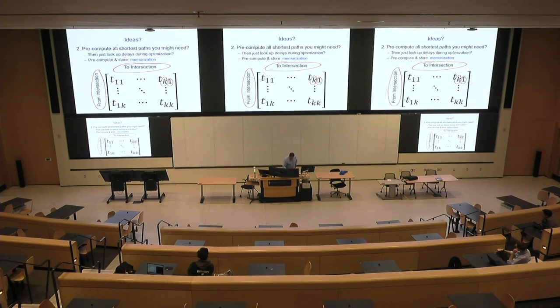If I want the travel time from intersection K to intersection 1, it's down here, and so on. So there's an entry in this matrix for every single travel time. If I have, let's say, 200 intersections that are involved in my pickups and drop-offs, this matrix would be 200 rows by 200 columns, and it would give me all the travel times between those things. Okay, so that's one way I could store it.